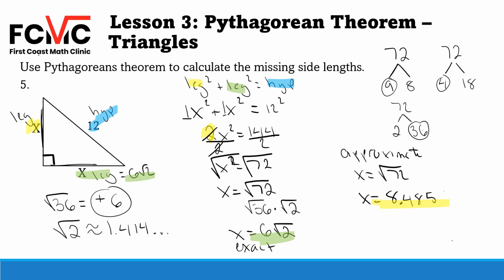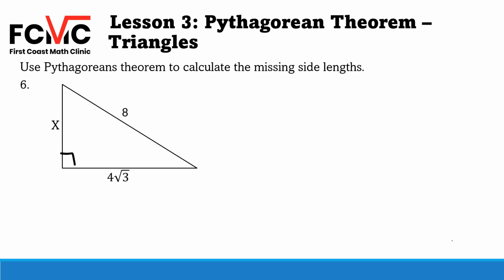All right, let's do one more example where we use the Pythagorean theorem to calculate the legs and hypotenuse of a right triangle. Okay, so for number 6, we've got our legs at x and 4 square root of 3, and our hypotenuse is 8. So again, Pythagorean theorem: leg squared plus leg squared equals hypotenuse squared. So let's substitute our values in.